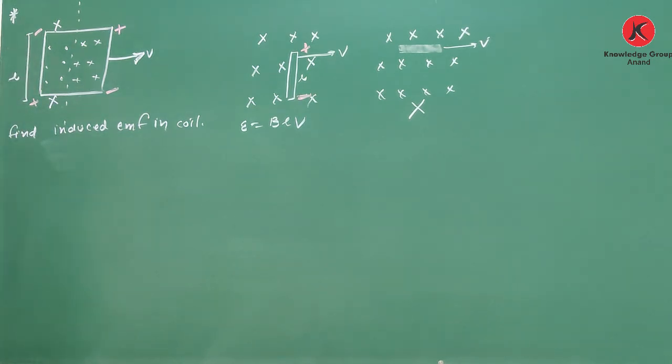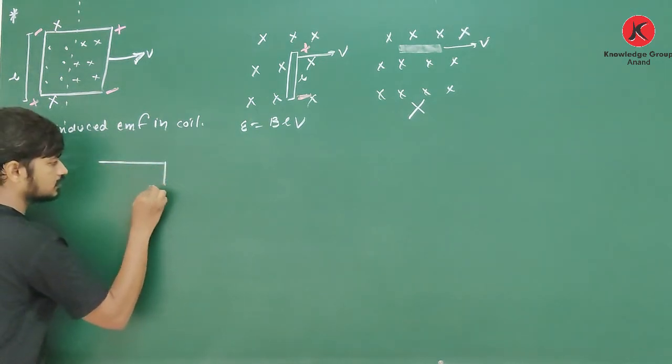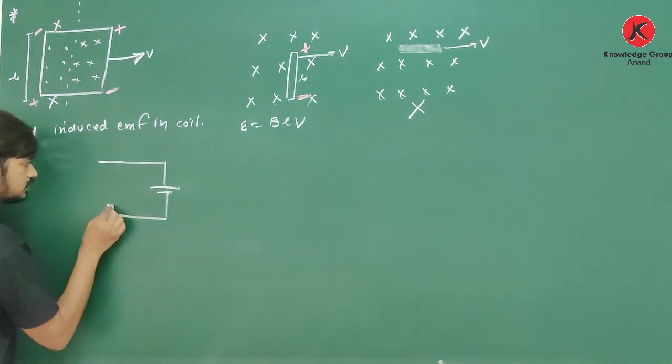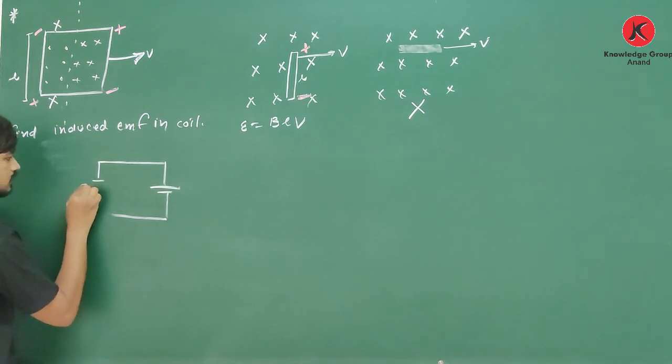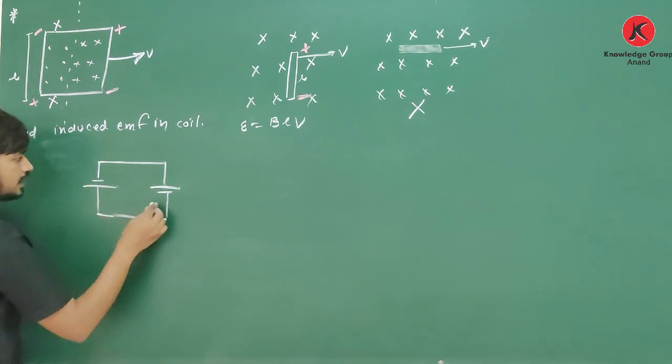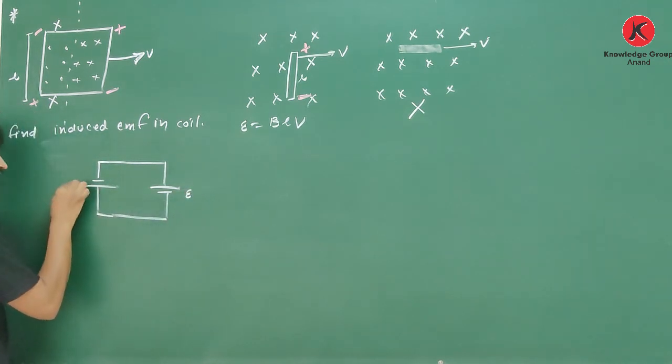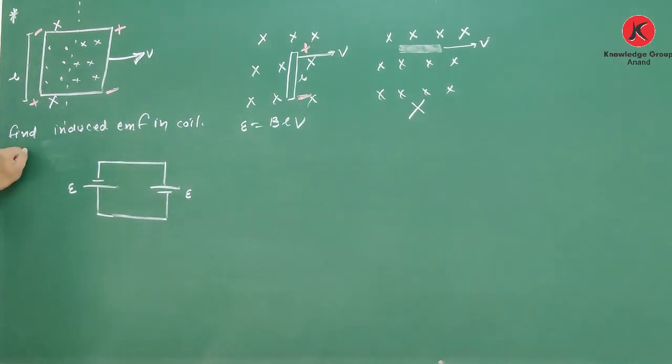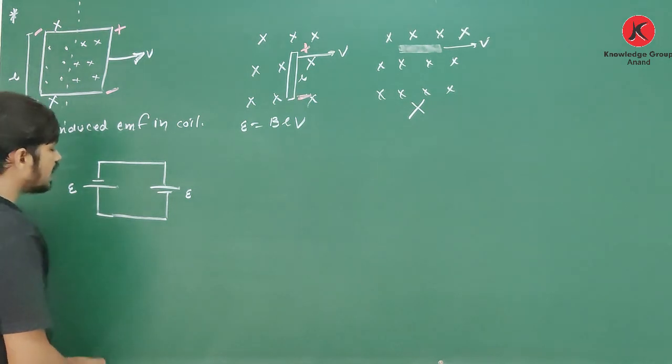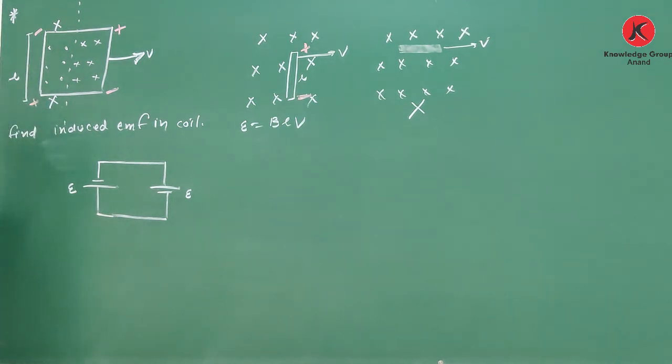So how to draw this figure? Again, I can draw this figure like this. Its EMF is E, and its EMF is also E. Yes or no? Now which connection is this? Series connection. But is the series connection helping or opposing?